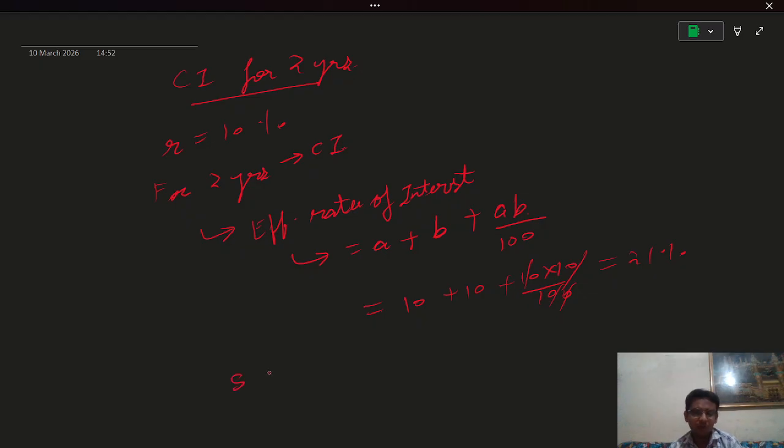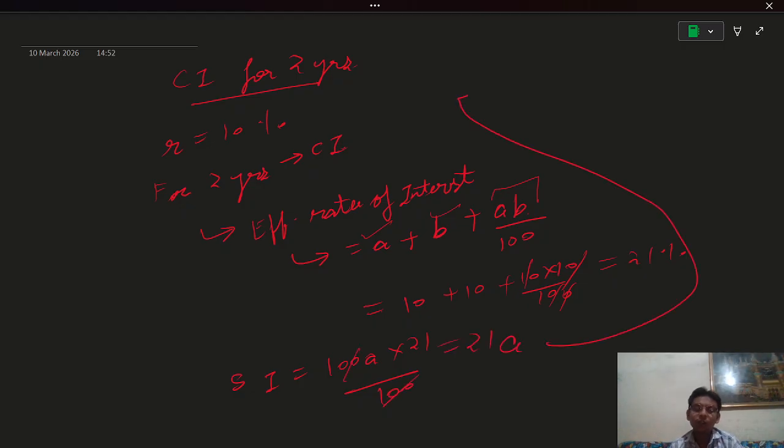Now we simply find the simple interest for 1 year at this rate, since we have already accounted for the interest for the first year, the interest for the second year, and the interest on interest. So it will be 100a into 21 upon 100, which is again 21a.